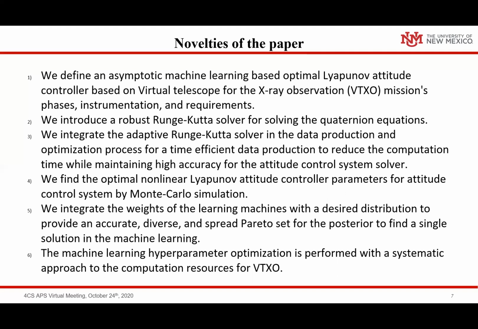We integrate the weights of the learning machines with the desired distribution to provide an accurate, diverse, and spread Pareto set for the posterior to find a single solution in the machine learning. The machine learning hyperparameter optimization is performed with a systematic approach to the computation resources for VTXO. In this part, the hyperparameter optimization is specifically performed on the supercomputers at the Argonne National Laboratory.